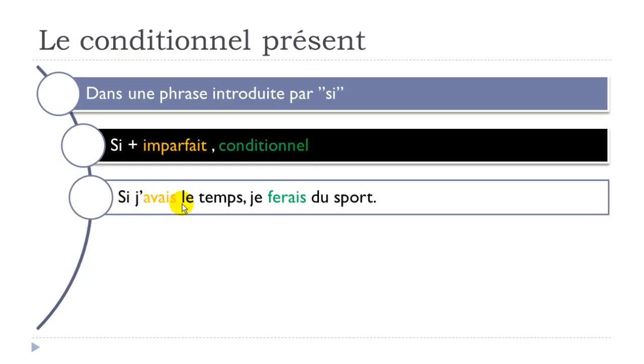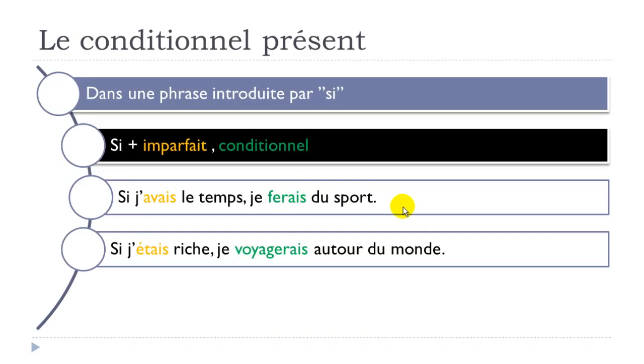Okay, so let's take one example. Si j'avais le temps, je ferais du sport. So si j'avais le temps, if I had time, it's the same in English. Je ferais, remember, it was faire, to do, but at the conditionnel form, du sport. Another example. Si j'étais riche, rich. Être, to be.